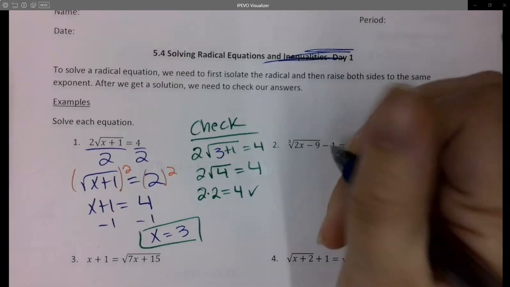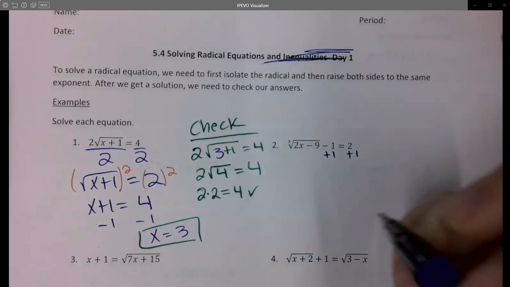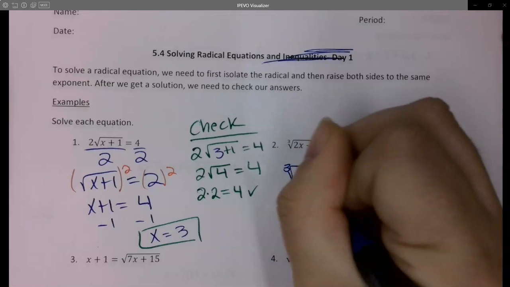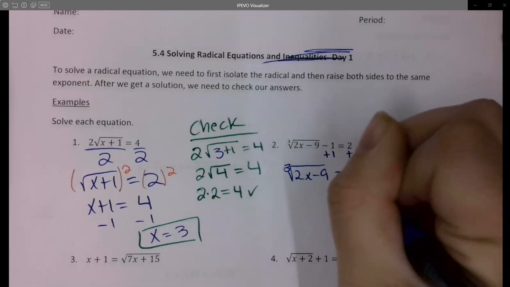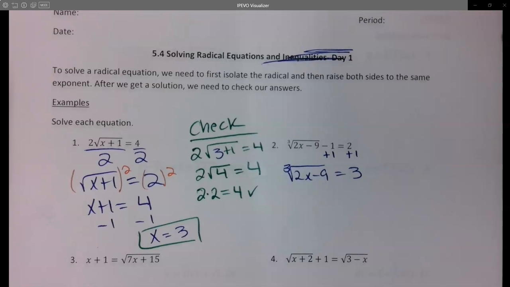On number 2, I want to start off by adding 1 to both sides to get the radical all alone. So I have the cube root of 2x minus 9 equals 3. Then I want to get rid of this radical.